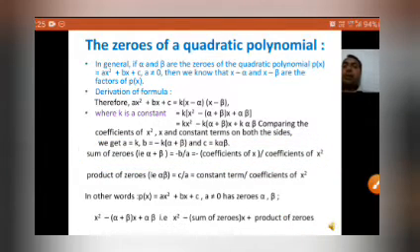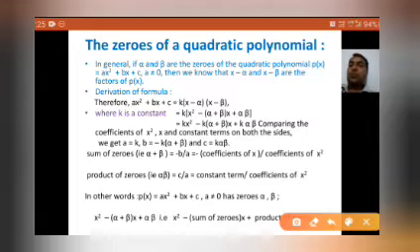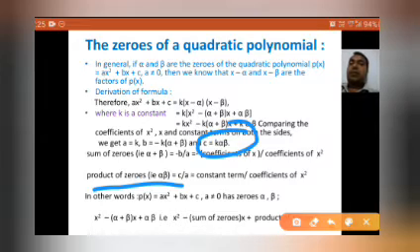Now the product of zeros, that is alpha into beta. Here we got c equal to k alpha into beta, so alpha into beta is equal to c by k, and k is equal to a, that is c by a.